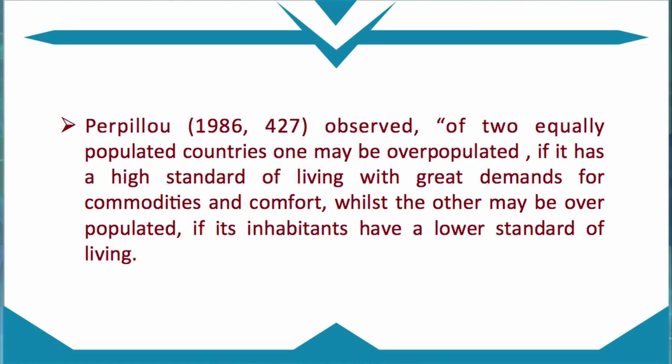Pospilo in 1986 observed that of two equally populated countries, one may be overpopulated if it has a higher standard of living with great demands for commodities and comfort, while the other may be overpopulated if its inhabitants have a lower standard of living.